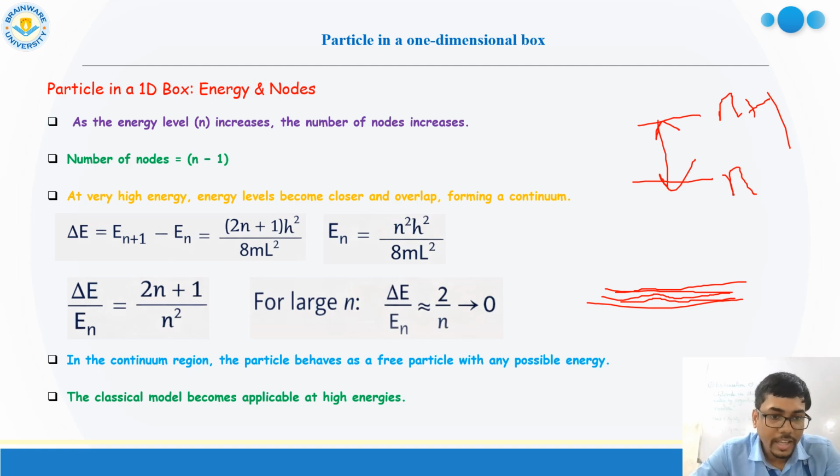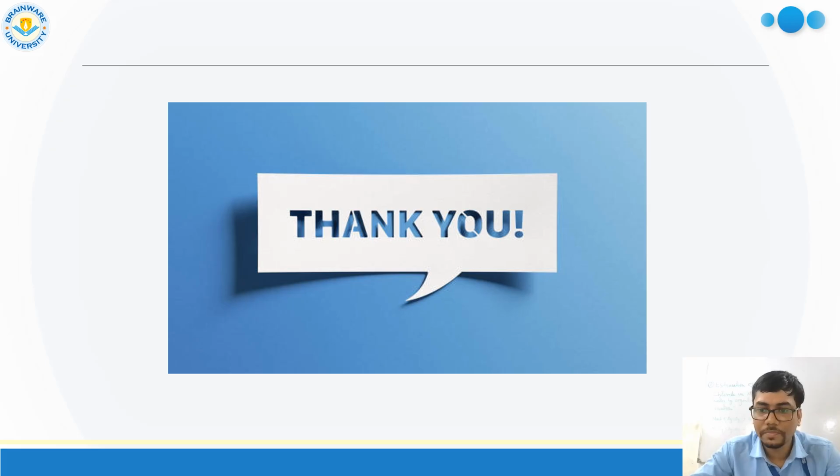I have written here: in the continuum region, the particle behaves as a free particle with any possible energy, and the classical model becomes applicable at high energies. This term is very important. Okay, thank you.